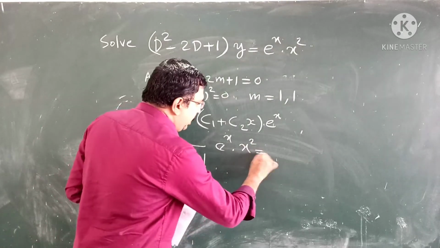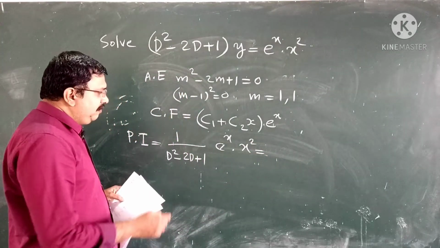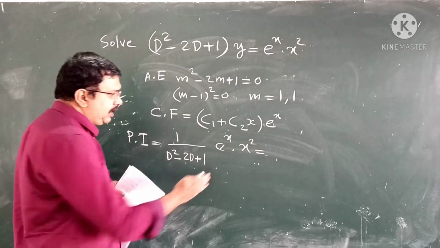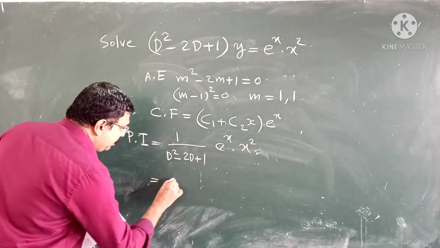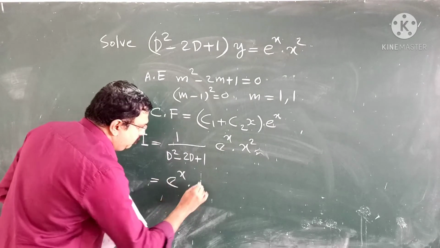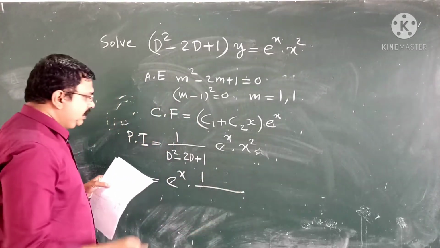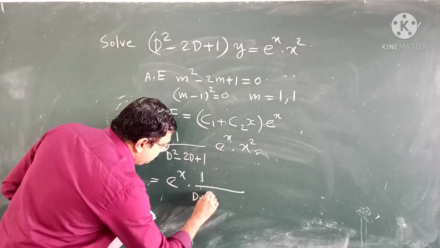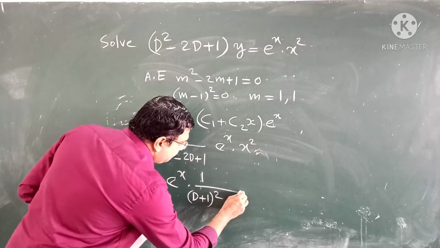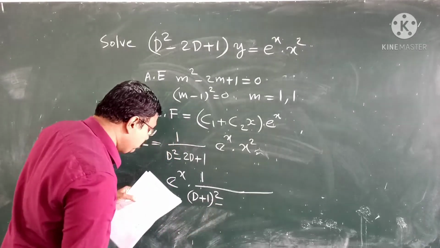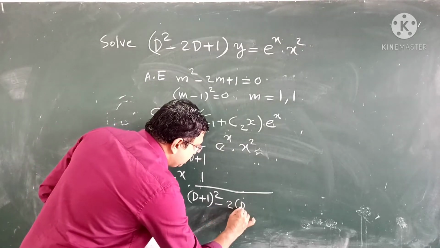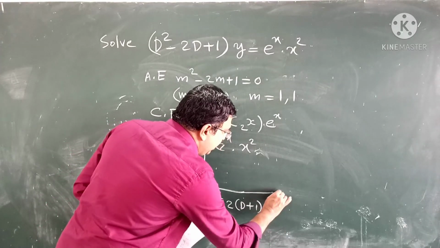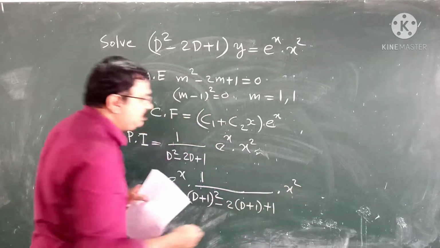This can be written as, we are applying the result, e raised to x into 1 by, D is replaced by D plus 1: (D plus 1) square minus 2 into (D plus 1) plus 1, into x square. X square is on the numerator.